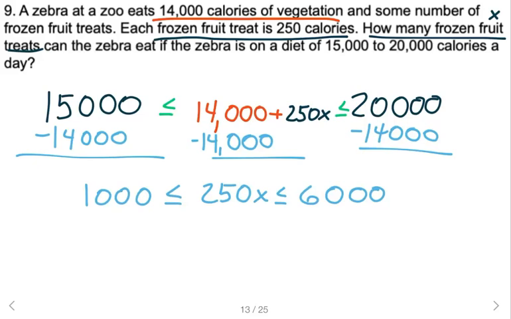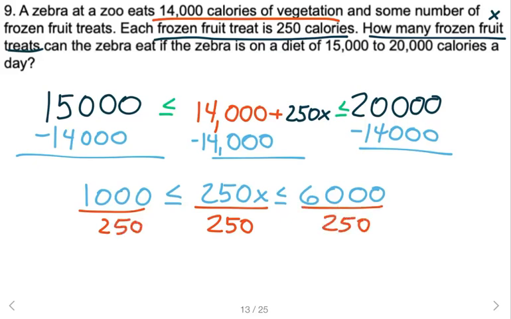Now to get rid of multiplying by 250, we'll divide by 250. If we do that in the middle, we got to do that on the left and the right sides. So when we do that, we see that the zebra can have anywhere from 4 to 24 of those fruit snacks every day.